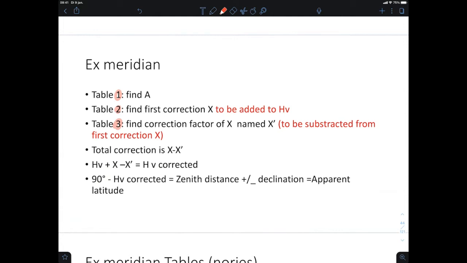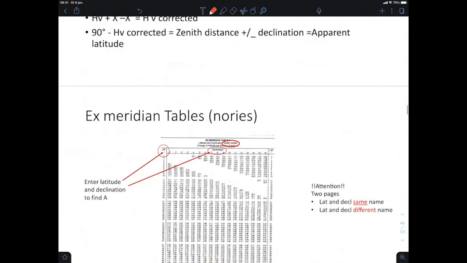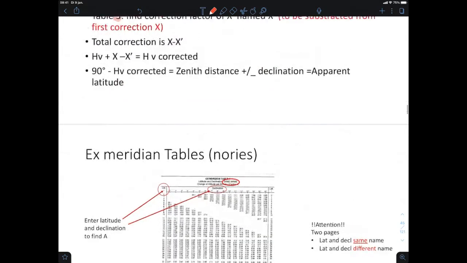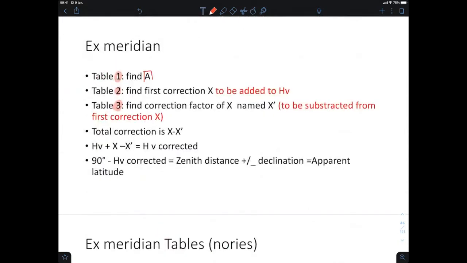And so in the first table, maybe it's a wise thing to open your Norie's. In the first table, you find the value for A. Remember, what was A about? A is the limiting value for determining how much time before and how much time after meridian passage you can use this X-Meridian method.